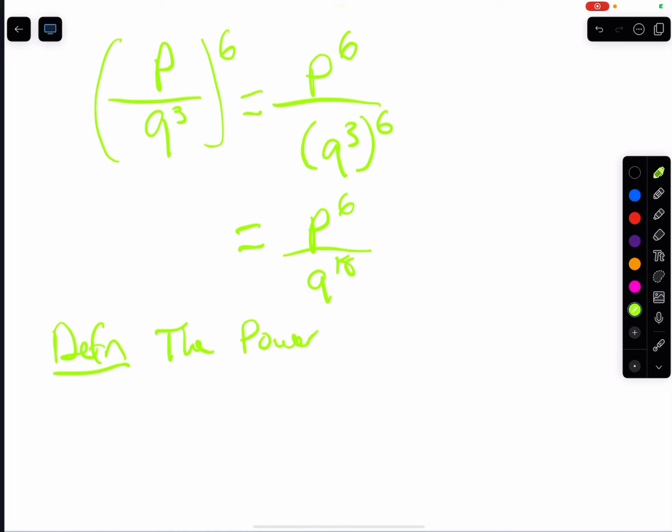The power of a quotient rule of exponents.